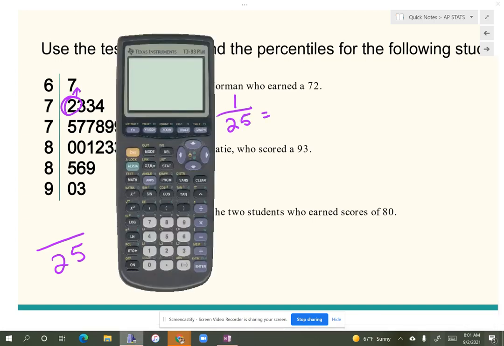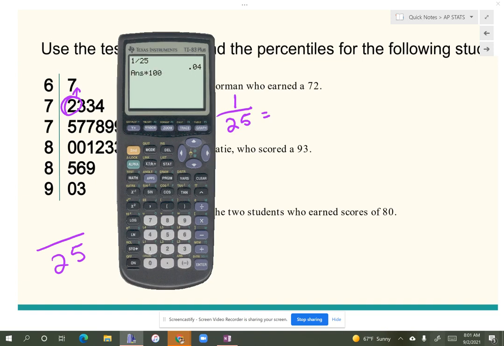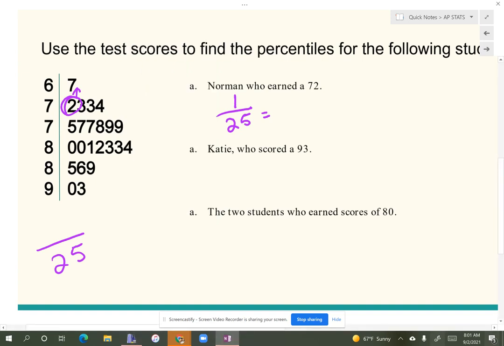And we grab our calculator to find that percent if you need to. If your brain is working better than mine, you wouldn't need to. Multiply by 100, and we get 4%.